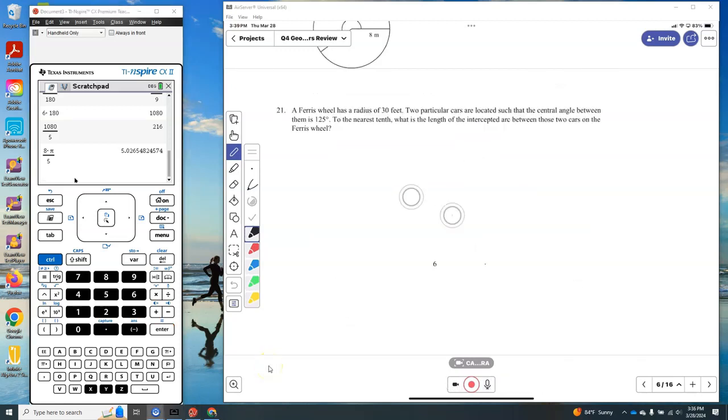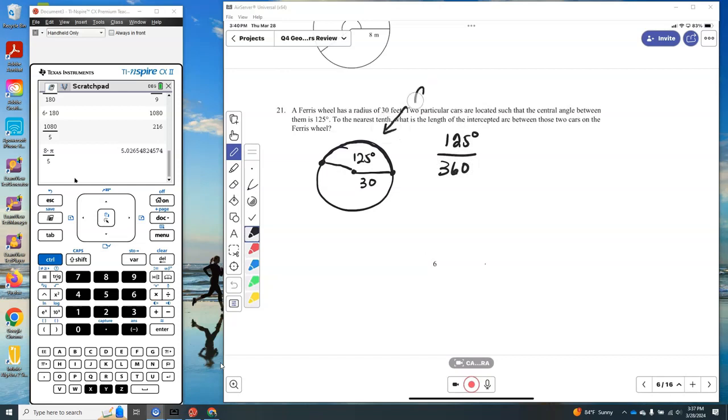A Ferris wheel has a radius of 30 feet. So here's a Ferris wheel. It has a radius of 30 feet. We have 2 cars, and the central angle is 125 degrees. And it's asking what is the length of the intercepted arc. So it's 125 degrees over 360, the fraction of the entire circle. And since you're trying to find distance, you're actually going to have to find circumference.